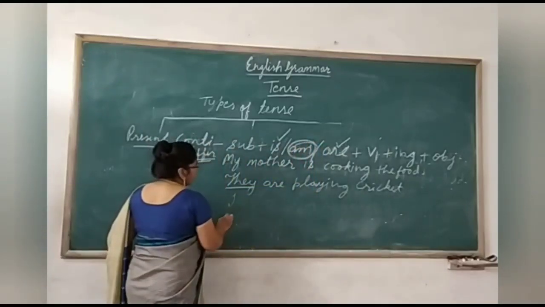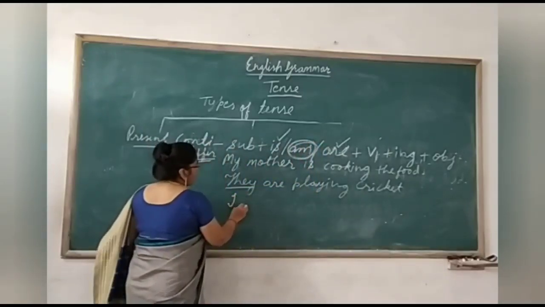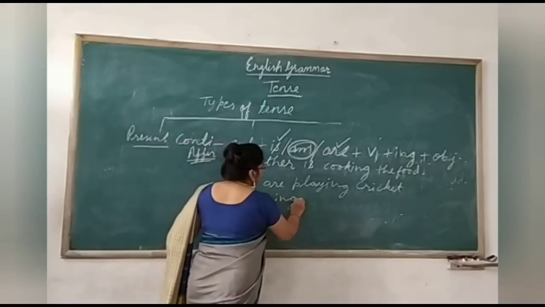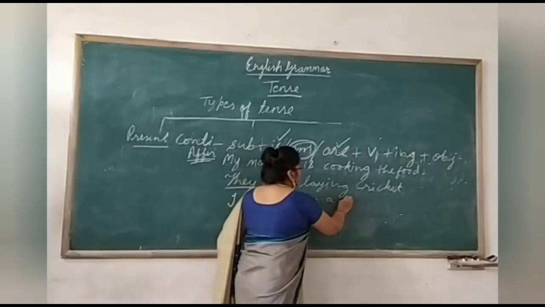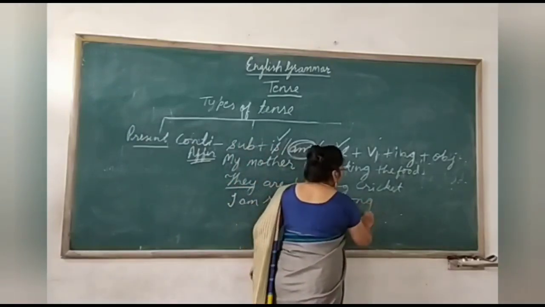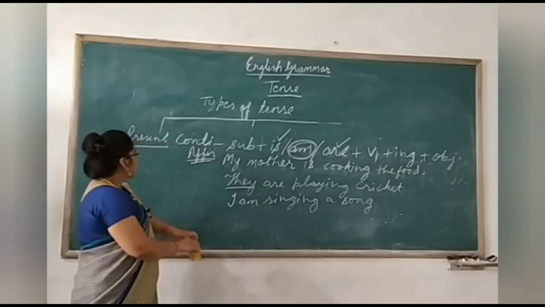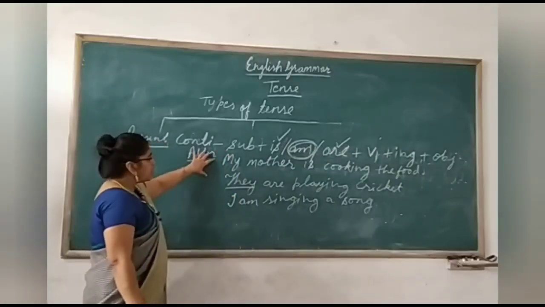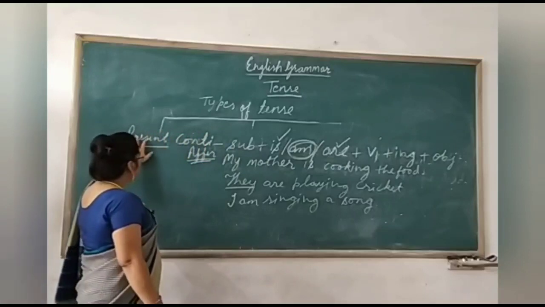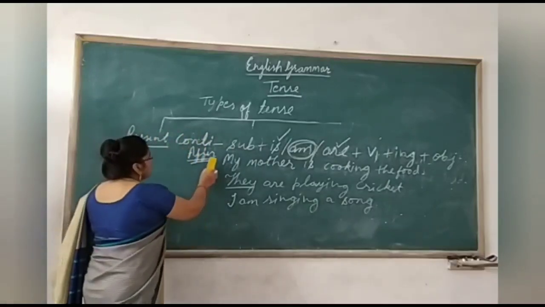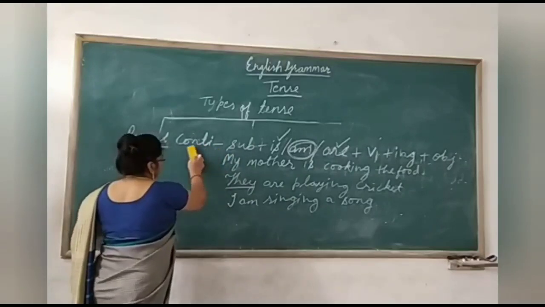Suppose I take here the pronoun I. I am singing a song. Clear? So this is the affirmative structure of which tense? Present continuous tense.